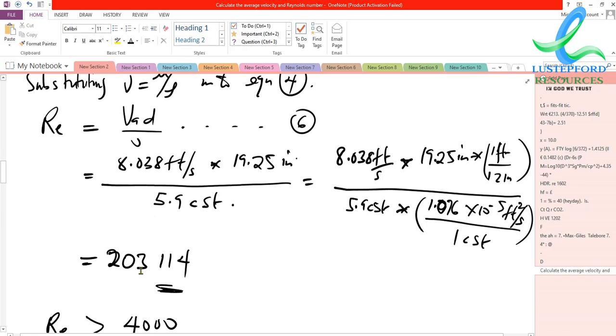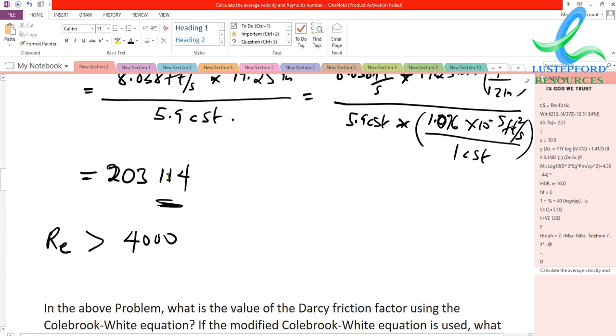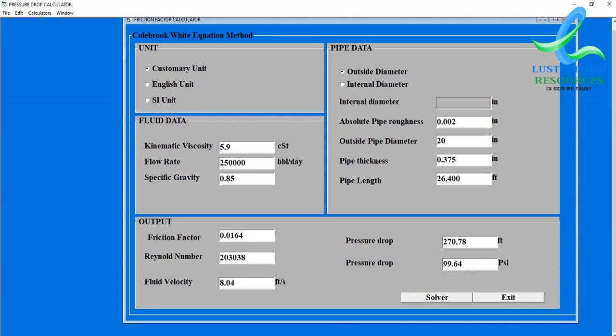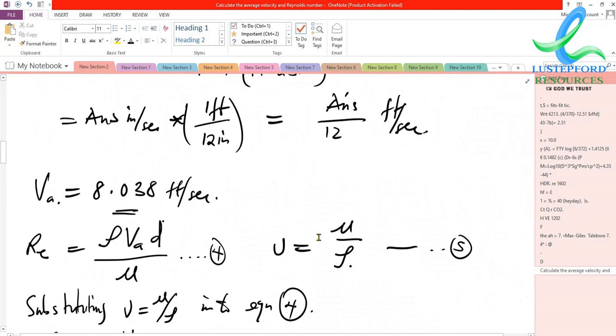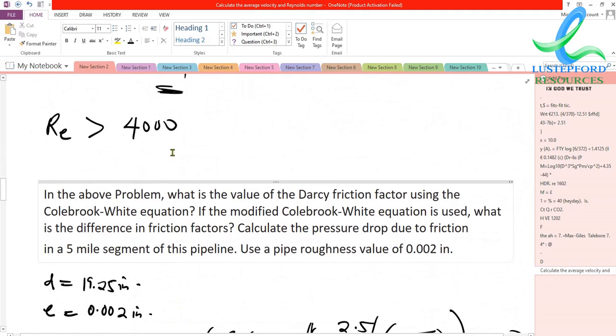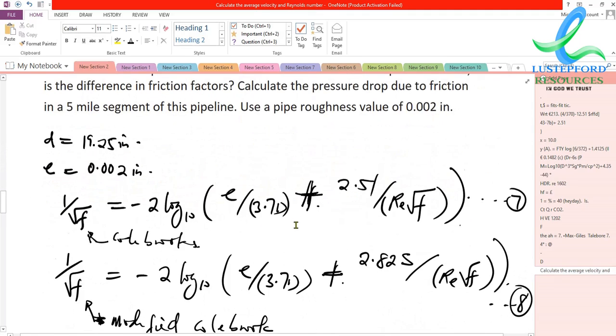The Reynolds number is 203114, but here it is 203038, which also shows that it is a turbulent flow.